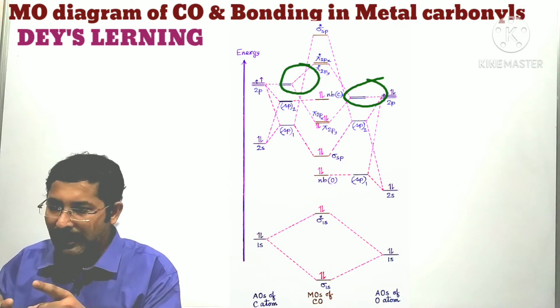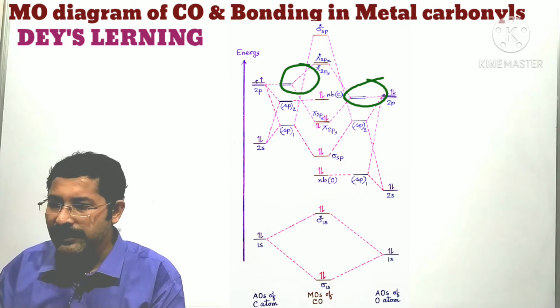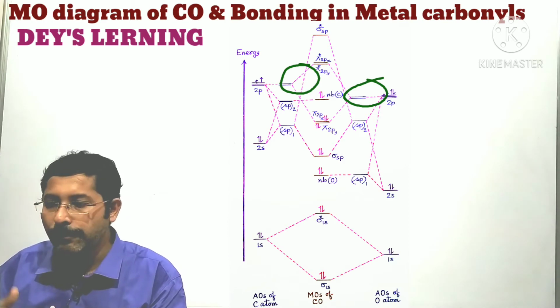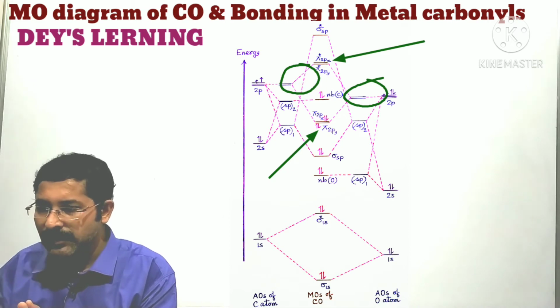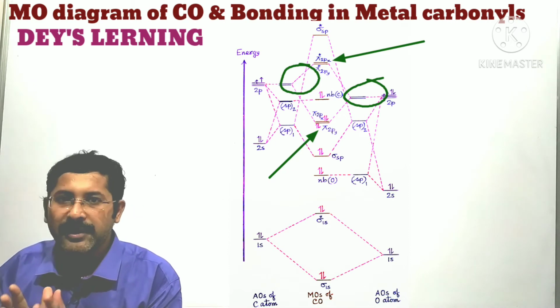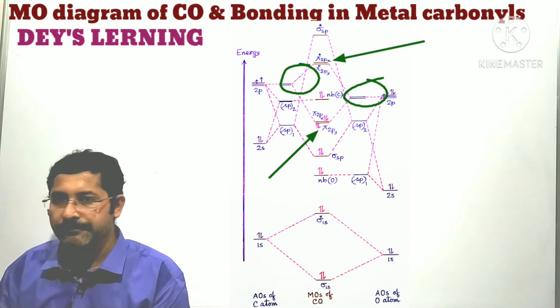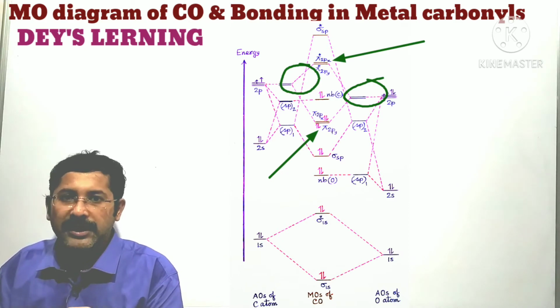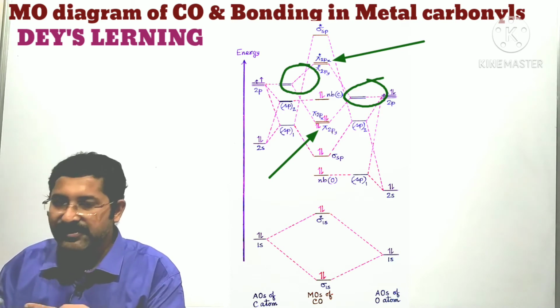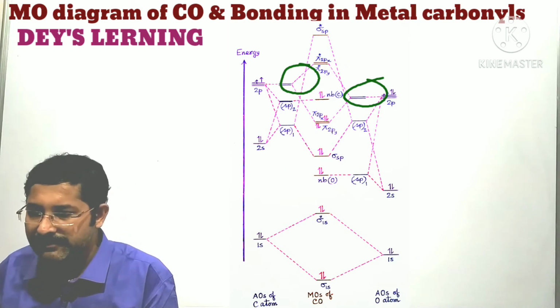So these atomic orbitals combine together to form two pi orbitals. One is pi 2px and pi 2py, and the antibonding pi star 2px and pi star 2py. Here of course the z axis is taken as the internuclear axis, right?